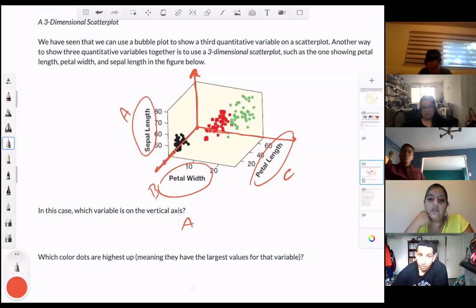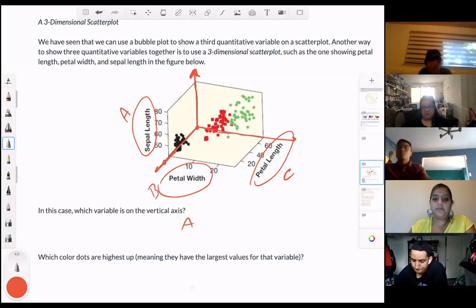Which one has the highest value? Green. Kendall, which one do you think? Green. Yeah, so the first they ask us vertical. So vertical is a value. So green has the highest, so green will be the answer.